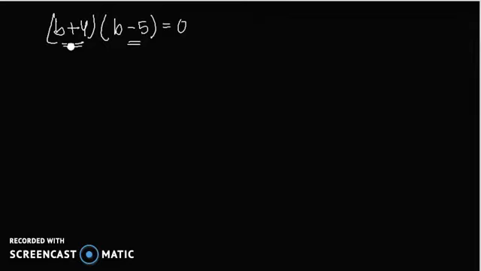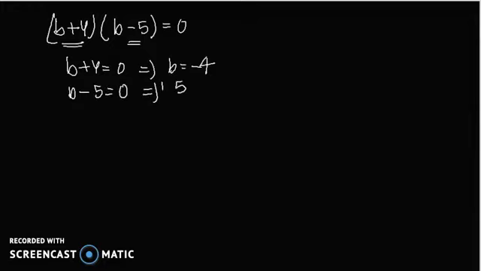So if b plus 4 is 0, that gives us b is equal to negative 4, and if b minus 5 is 0, that gives us b equals to 5. So we have got two values of b, b is equal to negative 4 and 5.